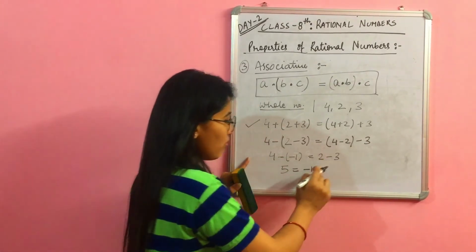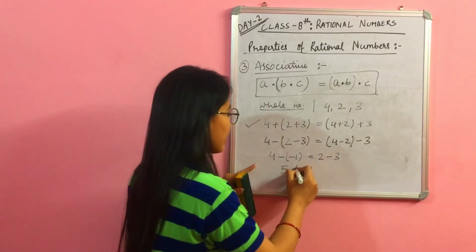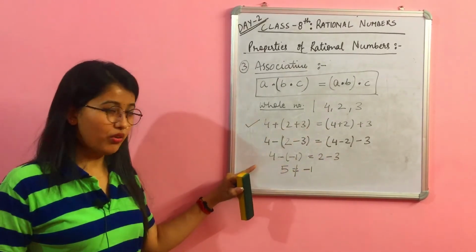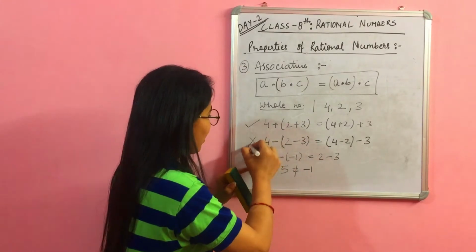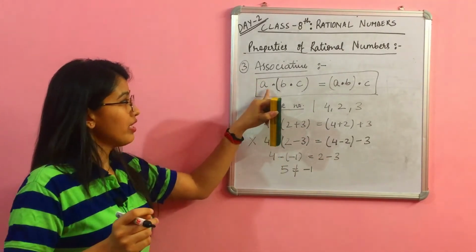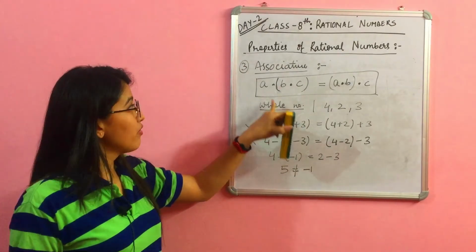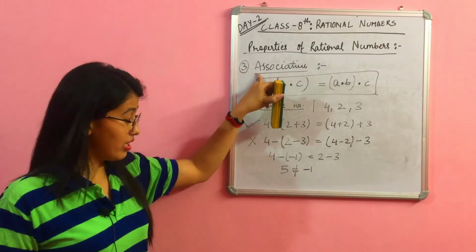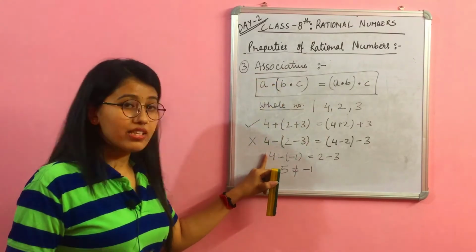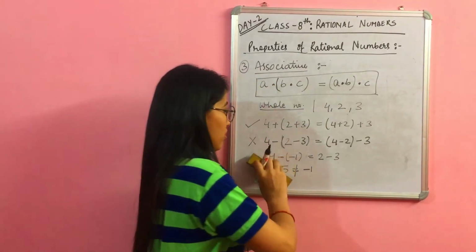So clearly we can see that these two numbers are not equal. Okay, so in the case of subtraction, our condition is not satisfying. So if we are taking the set of whole numbers and we are checking for associativity, then the subtraction will not satisfy.